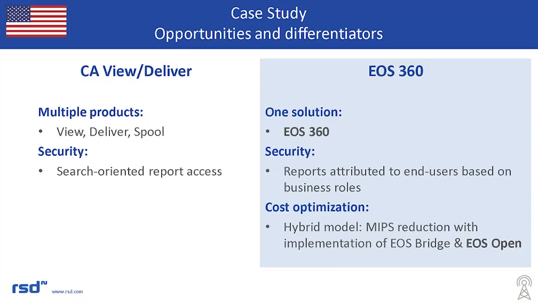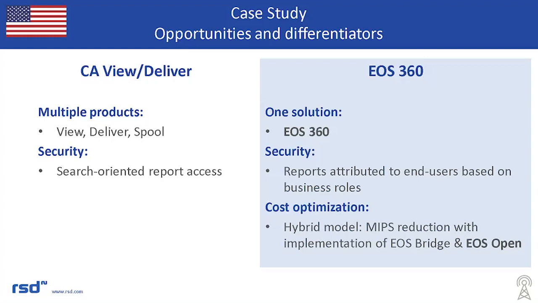So basically, in order to do report management and expanded retention that's under the control of the EOS AREP component, it was required to have CA Deliver. And in order to do print management, that is bundling, transformations, and file transfer, the CA Spool product was also required to be licensed.